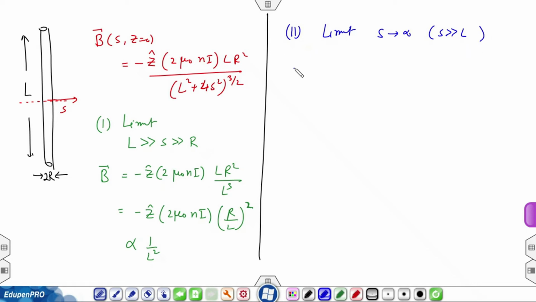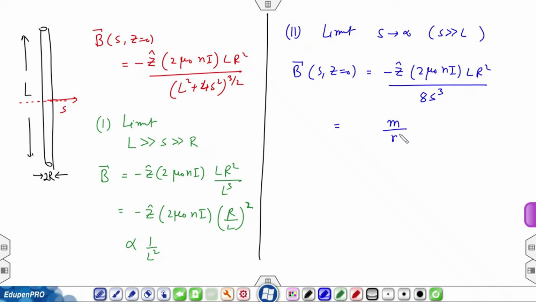Then I will have B S, z equals 0, is equal to minus z 2 mu 0 n I L r square over 8 s cubed, which is of the form m over r cubed.